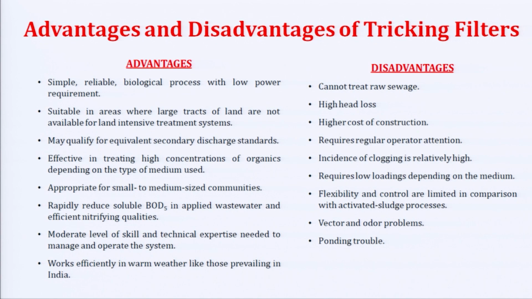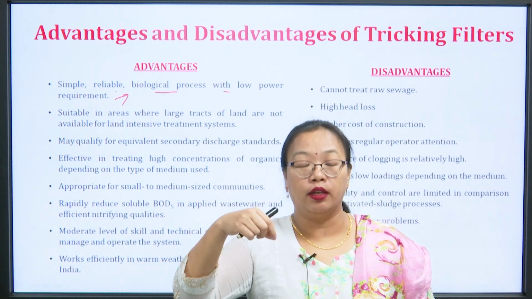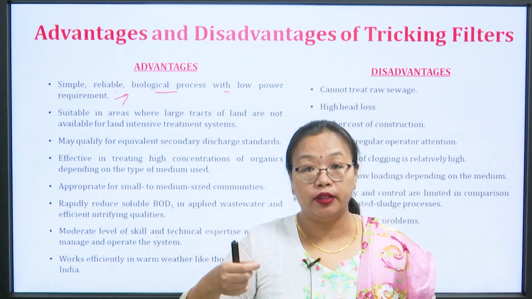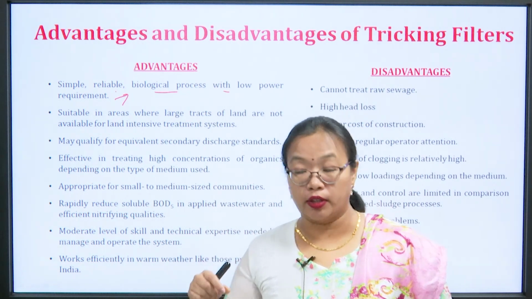Now, let us talk about what are the advantages and disadvantages of trickling filters. So, trickling filter, lots of advantages, at the same time some disadvantages. What are they? So, advantages is that they are simple, reliable biological processes with low power requirement. So, you do not require more power, you just require power for pumping of the effluent from the sedimentation tank and sprinkling it over the trickling filter, right.